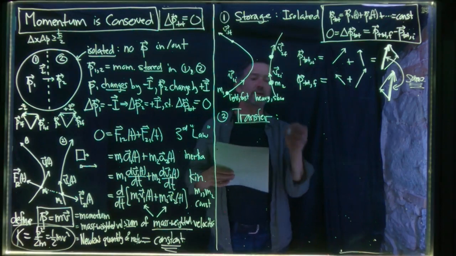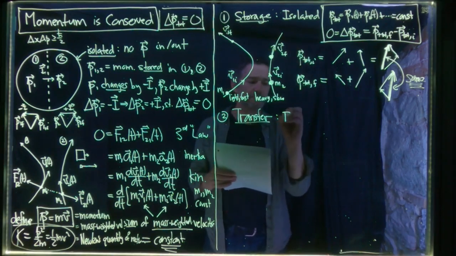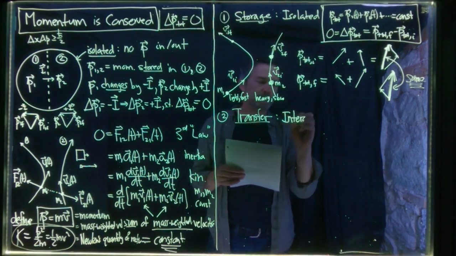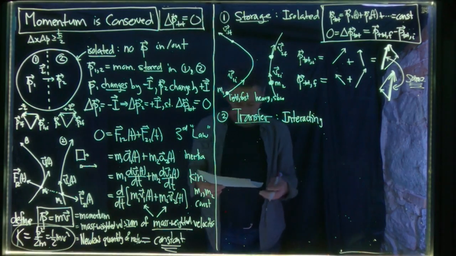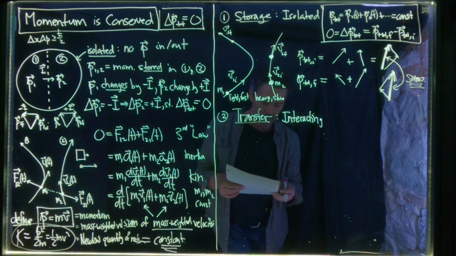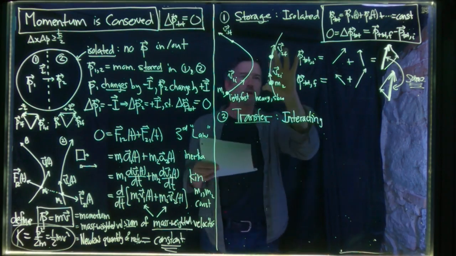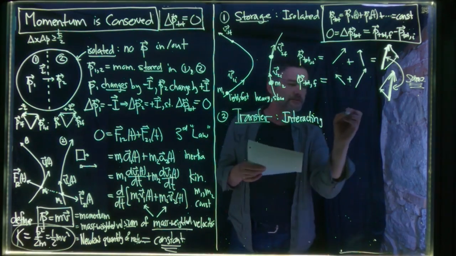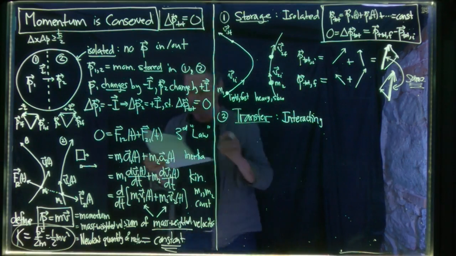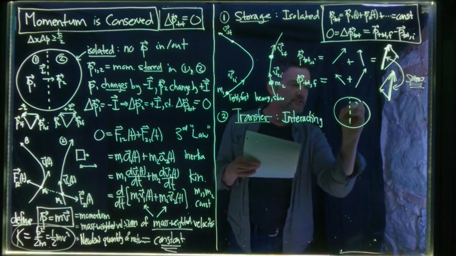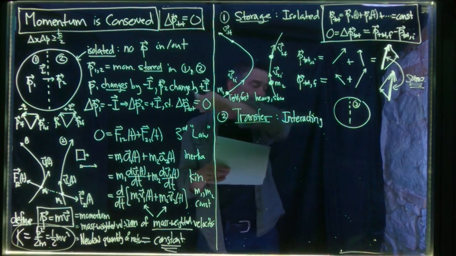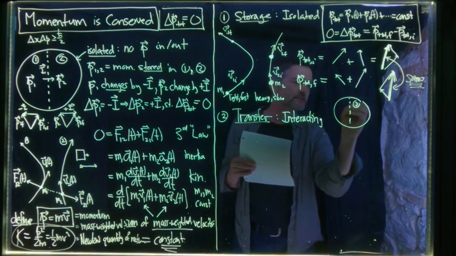So for an interacting system as opposed to isolated, we're thinking about system number 2 interacting with system number 1. So going back to our picture, the kind of thing we're thinking about is, here is system number 2. That's the system that we're interested in.